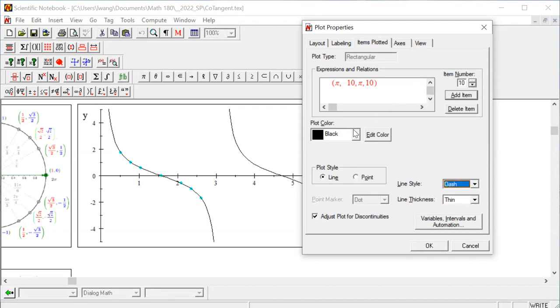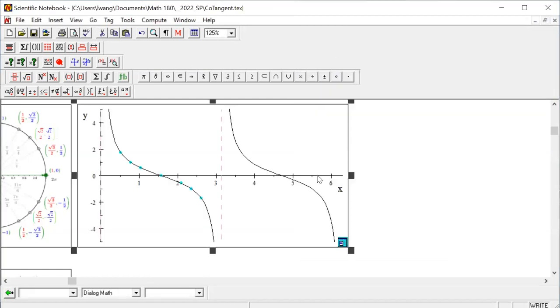I'm going to choose maybe pink. And of course, we have another vertical asymptote. We have many vertical asymptotes, because the period you can see is pi, every pi. So 0 is undefined, pi is undefined, and 2 pi is undefined. In the other direction, negative pi is undefined, and so on and so forth.